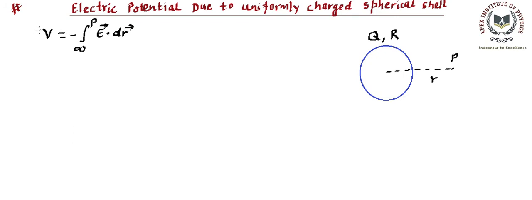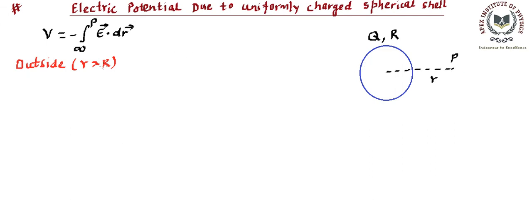Now if we are interested in an outside point, this P point will be lying outside. If we are interested in an inside point, this P point will be lying inside. So let's talk about this outside point first. When we say outside, we mean that small r is greater than capital R. So P point is outside as shown here.